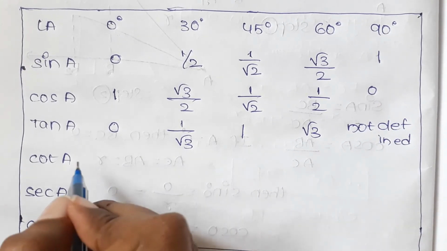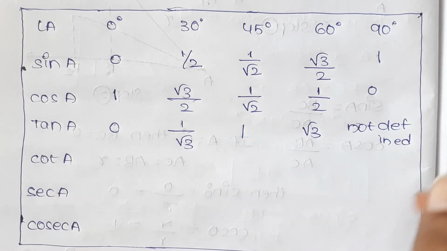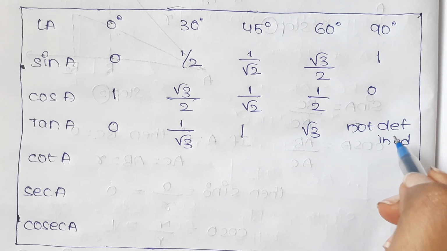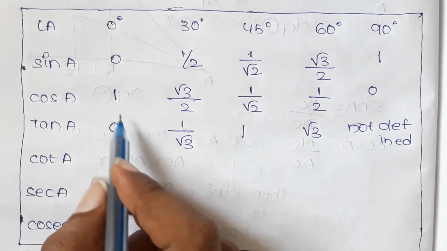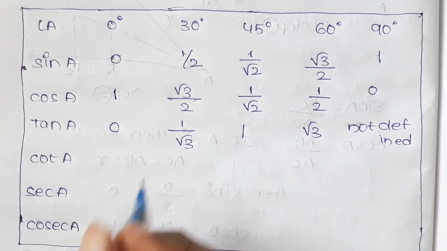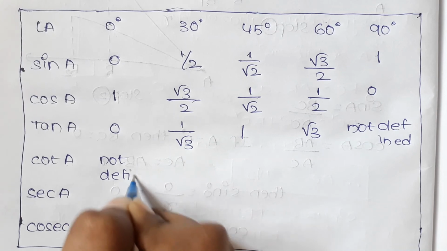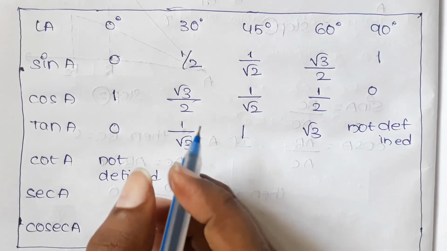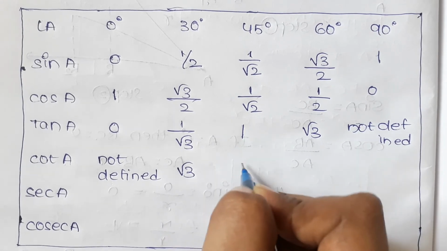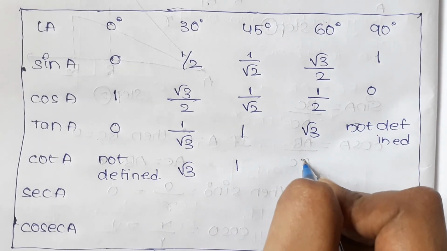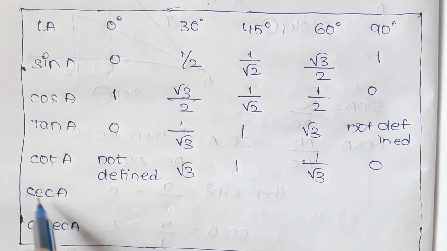And now cot A, that is cot 0 is nothing but 1 by tan 0, that is 1 by 0, which is not defined. And cot 30 is root 3, 1, 1 by root 3, 0, the reciprocal of tan.